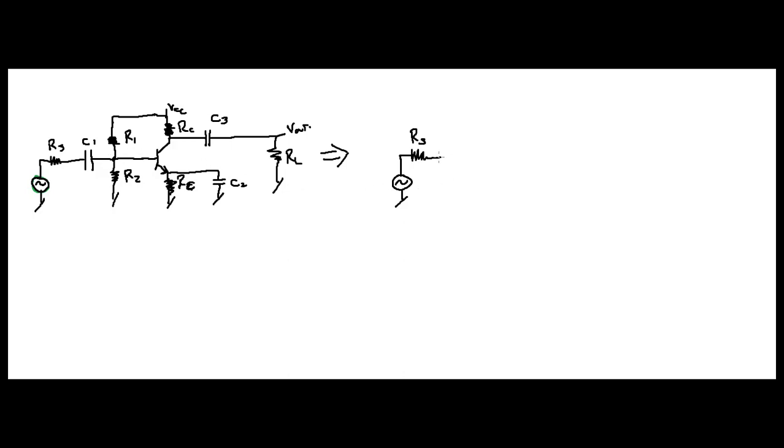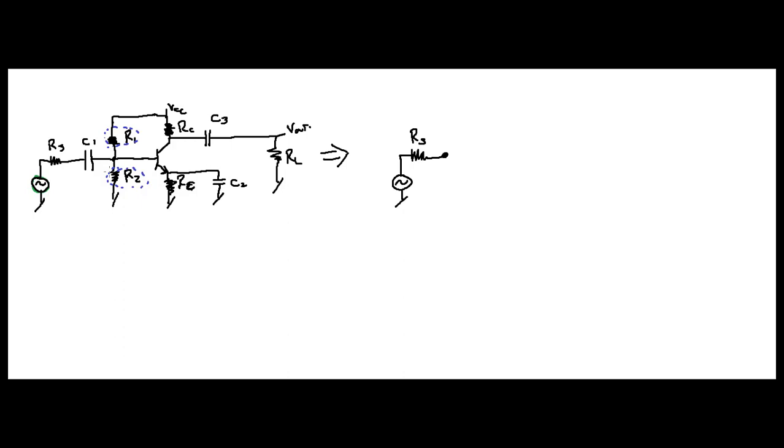So now you're going to come to your two bias resistors. Now look, R1, I'm going to draw this in blue over here. If you notice, that goes from this point directly to VCC, but remember in AC analysis, VCC is AC ground. And if you notice, R2 also goes to AC ground.